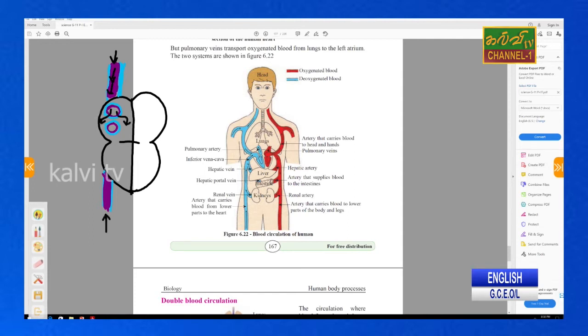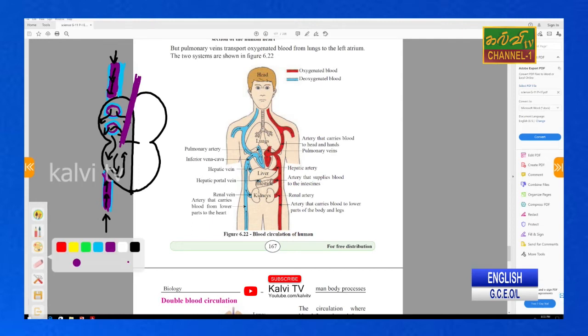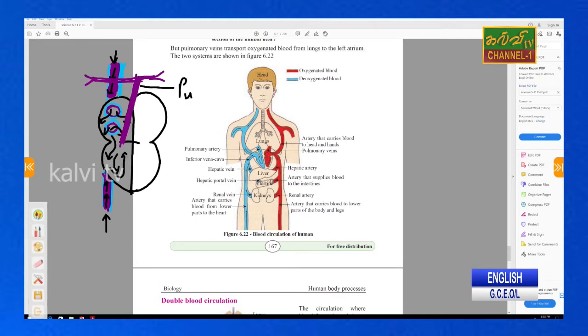Then the below part also opens in this area, that is deoxygenated blood. And this is the pulmonary artery. We already studied it makes two branches. This is the pulmonary artery.